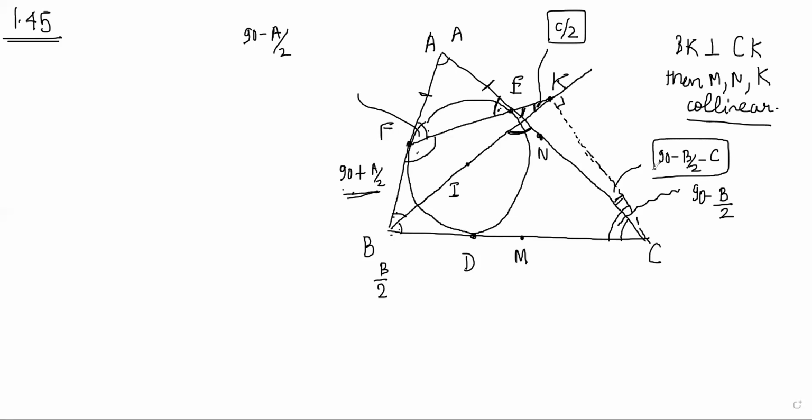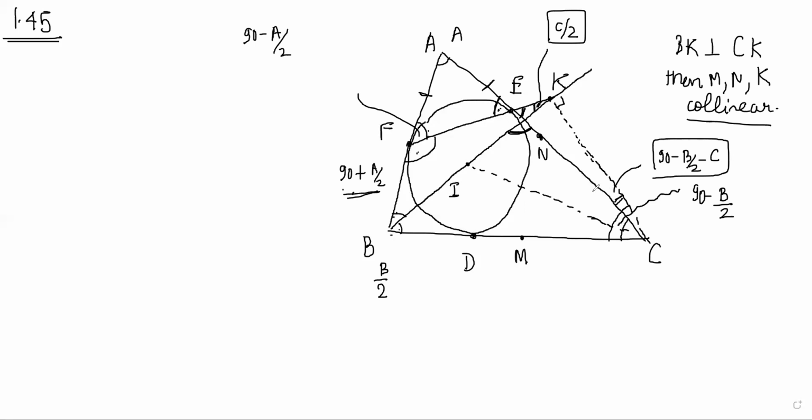Wait, can we use that C by 2 and connect EIC? Can we connect EIC? Okay, we can, and get a cyclic. Which one is cyclic you're saying? KEIC.